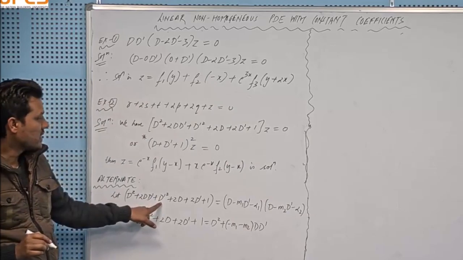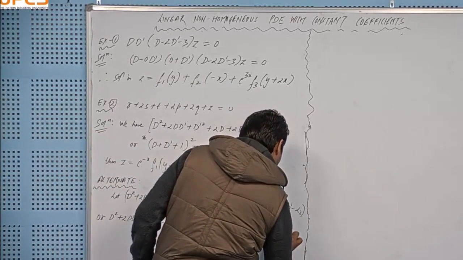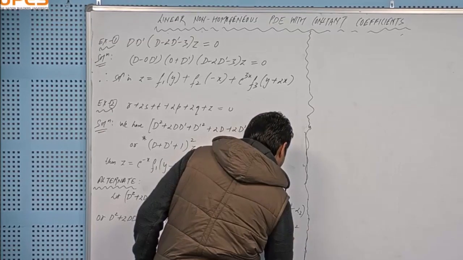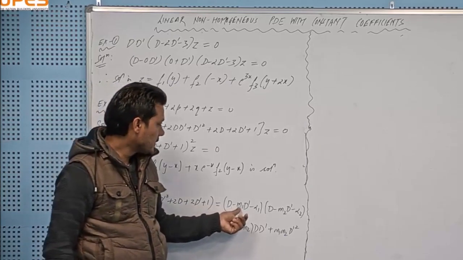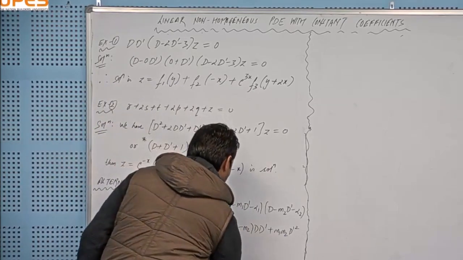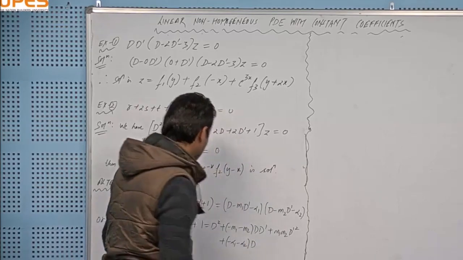And the coefficient of d dash square, that will be m1 m2 d dash square, and then the coefficient of d will be minus alpha 1 minus alpha 2 d, right?